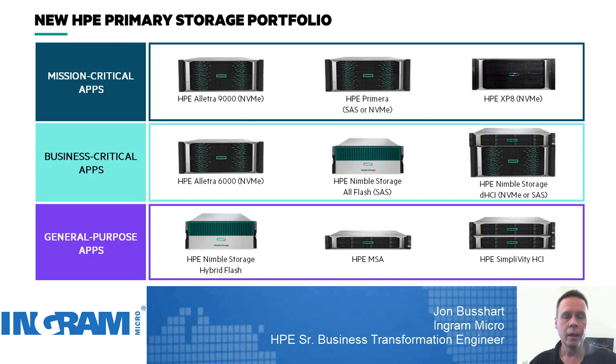For example, an Alletra 9000's local management context closely resembles that of a Primera-based solution. And the Alletra 6000-based systems' local management interface closely resembles that of a Nimble storage solution. So there are a lot of similarities and some differences that we're going to look at as part of this video. With all that being said, let's explore these management contexts.